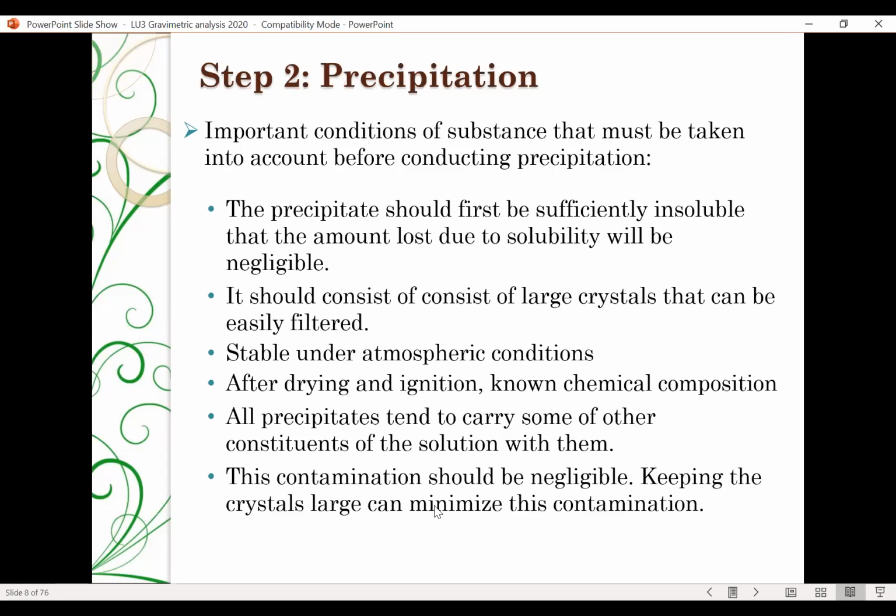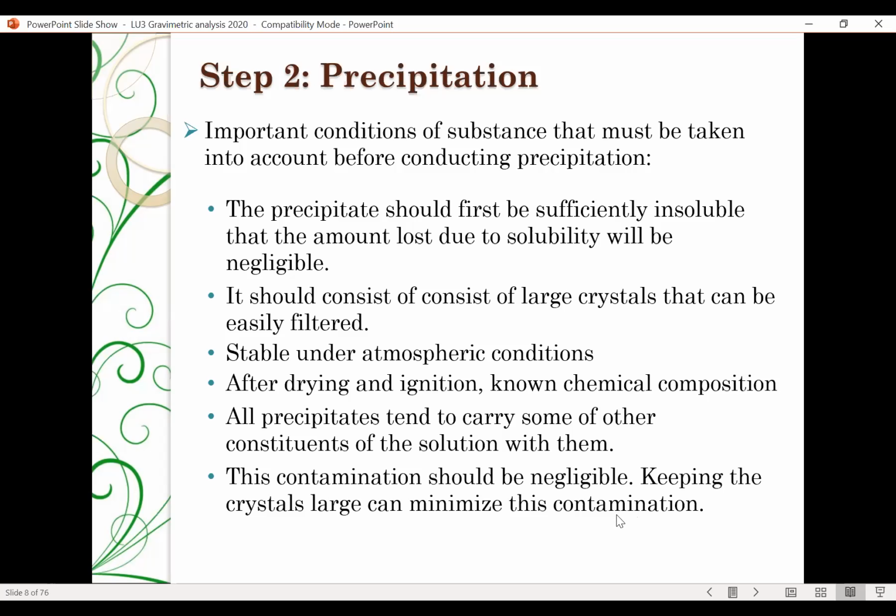This contamination should be negligible. It should be at the lowest level as possible. Keeping the large crystals can minimize the contamination. Okay, that's why we want our final product to have large crystals, not only because we want it to be easily filtered, but we want to also minimize contamination.